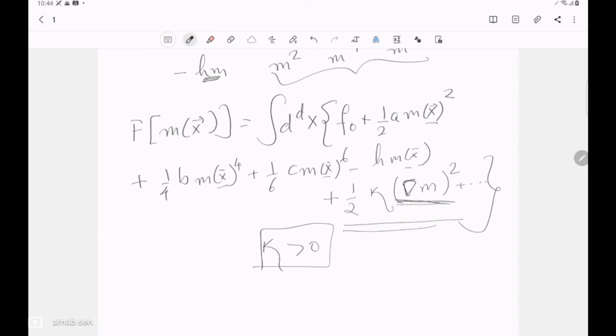I hope the question is clear. Kappa is positive. So is this term trying to make the gradient of m as small as possible or as large as possible?